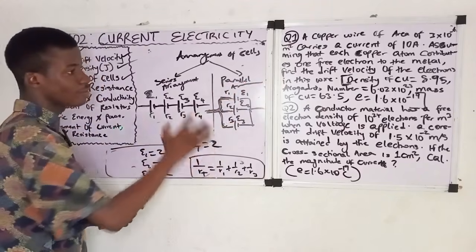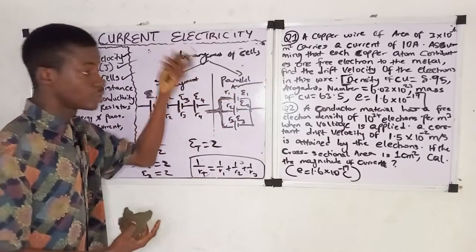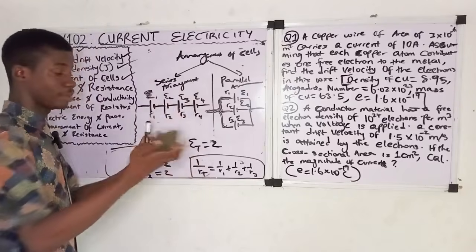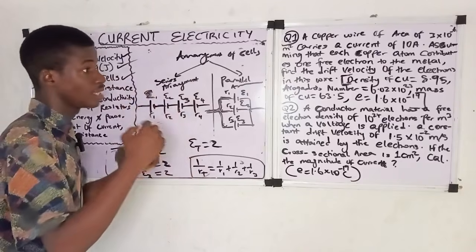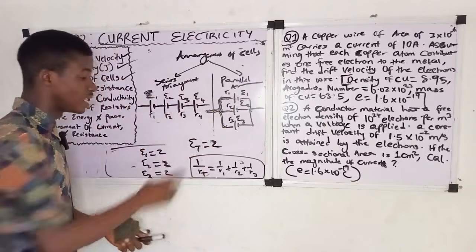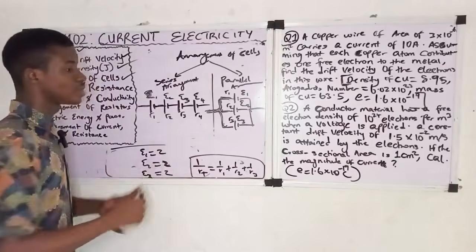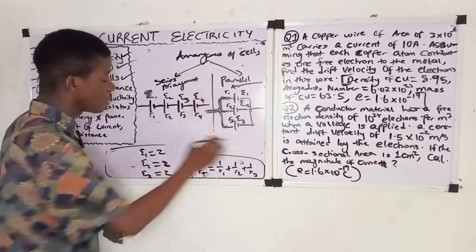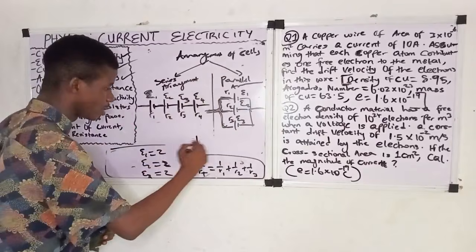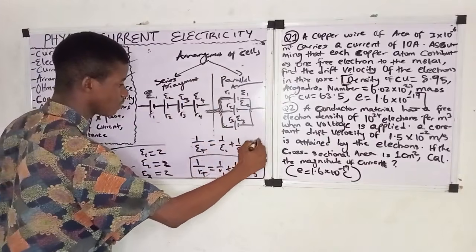Then the formula to calculate the total EMF of the cells when they are connected in parallel, if the cells are equal, that is if the cells have equal EMF, you don't need to stress yourself. The total EMF equals 2. But let me give you the formula generally: 1 over E1 plus 1 over E2 plus 1 over E3.